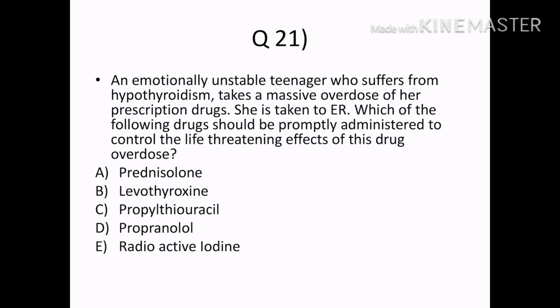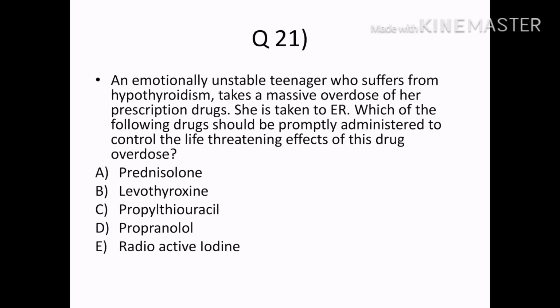Now, the patient suffers from hypothyroidism and her prescription drug will most likely include levothyroxine. She has taken an excessive dosage of levothyroxine, which will lead to high amounts of T4 within her blood. High amounts of T4 in her blood will resemble a patient that suffers from thyrotoxicosis or thyroid storm.